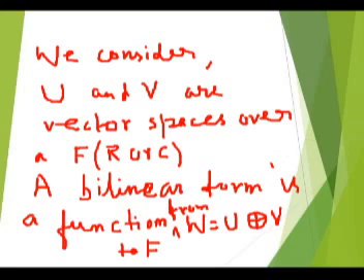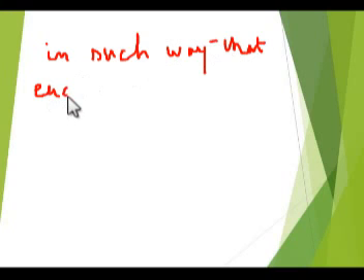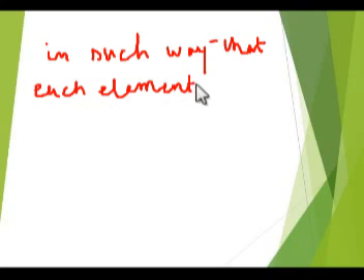There needs to be some conditions also. This function is defined in such a way that for each element of W, we are taking alpha, beta.